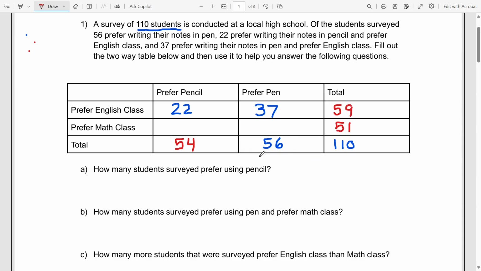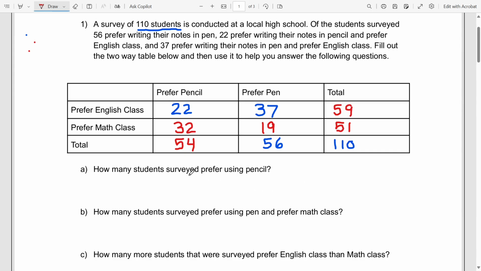Now a total of 56 students prefer pen. 56 minus 37 is going to give us 19 that prefer pen and math class, right? Because 37 plus 19 is 56. 54 students in total prefer pencil. If we do 54 minus 22, we're going to get 32 students that prefer math class and pencil. So now we can use this to start answering some questions.